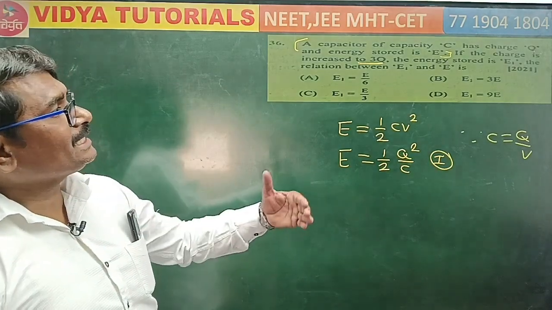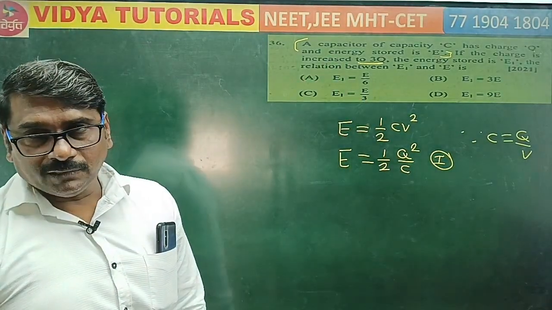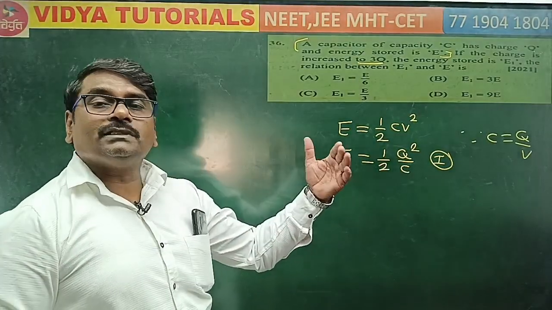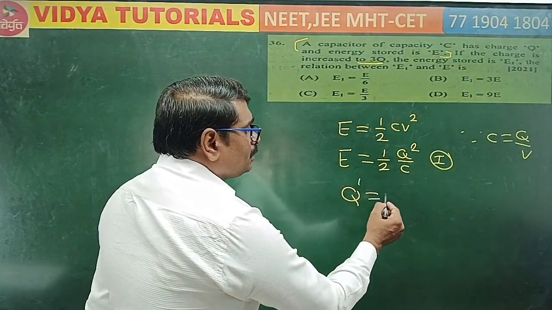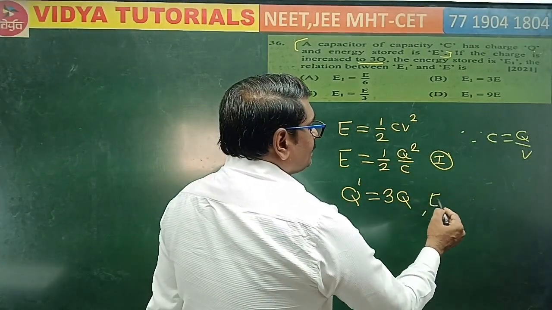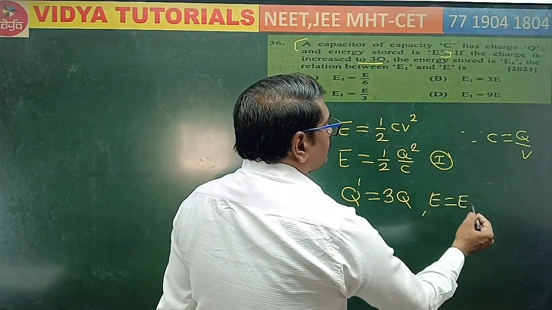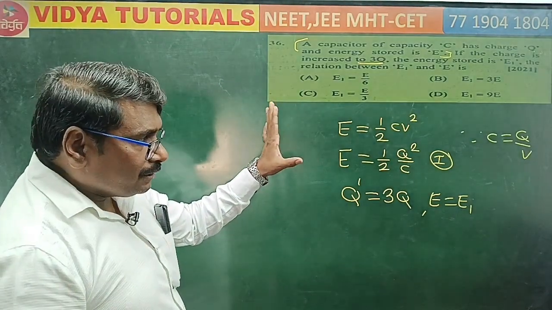Then for the next sentence, the charge is increased to thrice Q. Hence we can say that the new charge is equal to thrice Q, and the new energy is equal to E1. Is it clear now?